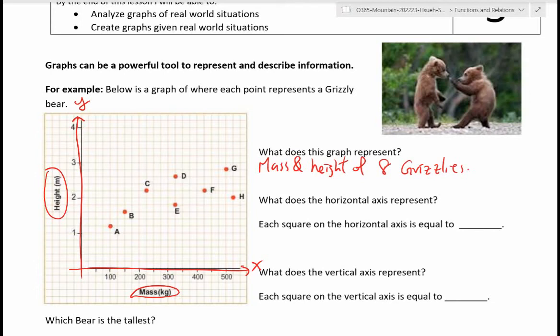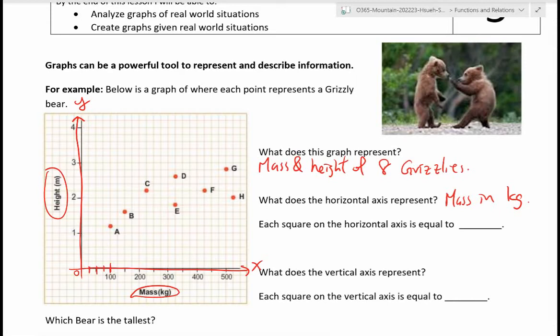Okay, so what does the horizontal axis represent? The horizontal axis, again the x-axis, represents the mass in kilograms. Now how do we figure out how much each square represents? From the origin, 0, 0, to this line right here, there are 1, 2, 3, 4 squares.